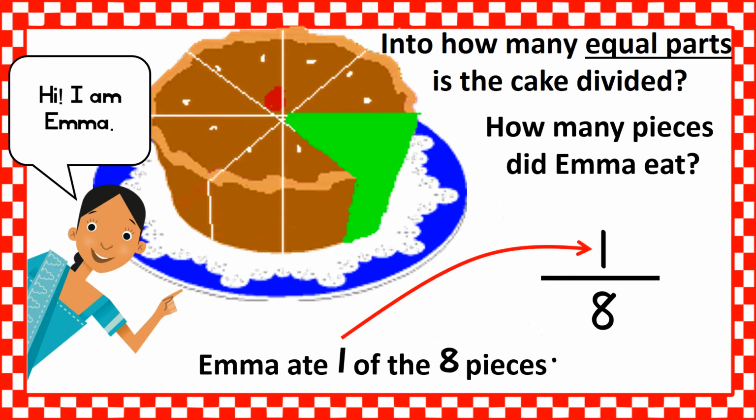So that is what the fraction will look like. The bottom number tells us into how many pieces the cake was divided up into. Please remember equal pieces. And how many pieces are eaten or given away or are left. That is shown by the top number.